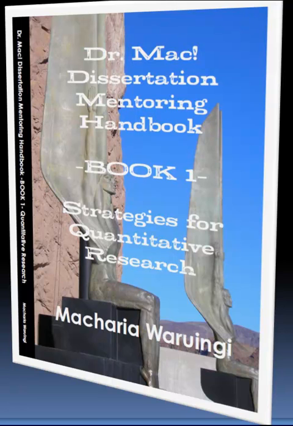A good way to structure the gap in literature section is to make a list of relevant recommendations about the independent variable in the recent literature. From that list, select recommendations that you think are most relevant to the research question. Draw a matrix of analysis of selected recommendations as shown in Table 5 in Chapter 6 of Dr. Mark Dissertation Mentoring Handbook.